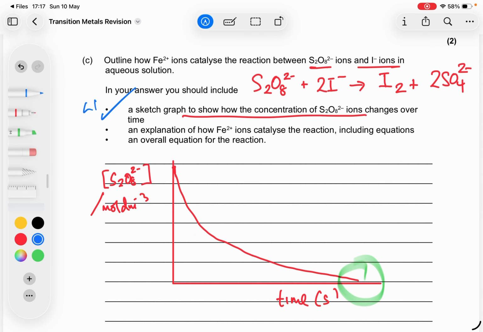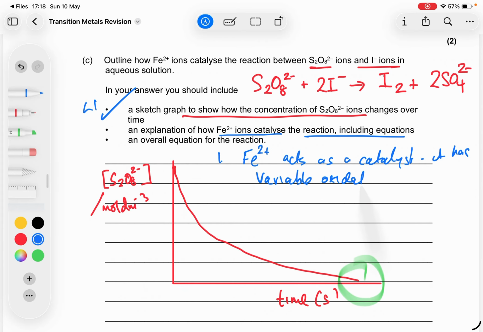2 marks. Explain how Fe2 plus catalyzes a reaction. Please remember, 6 markers in AQA need to be perfect. They need a lot of details. So number 1, Fe2 plus acts as a catalyst because it has variable oxidation states.